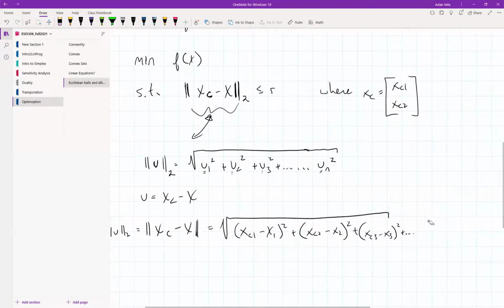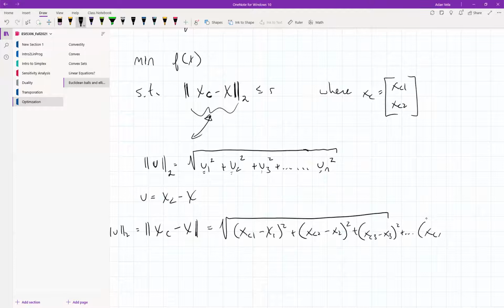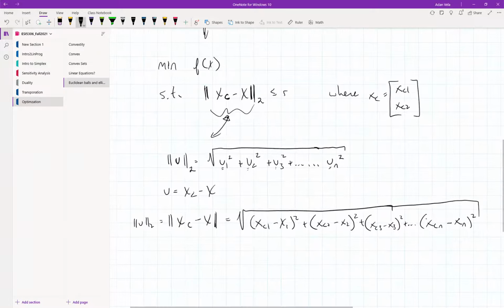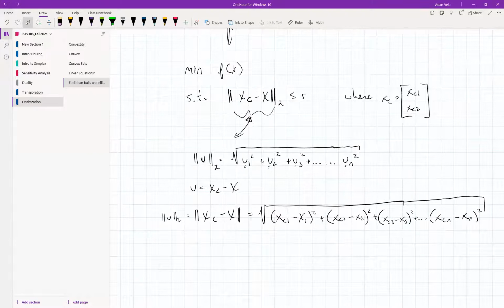All the way up to however many dimensions it is. So we'll say x to the n squared. And so this is the same idea, right? So we don't just have to restrict ourselves to 1, 2, or 3 dimensions. We could go to 100 dimensions if we wanted.